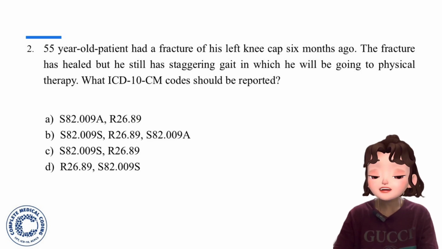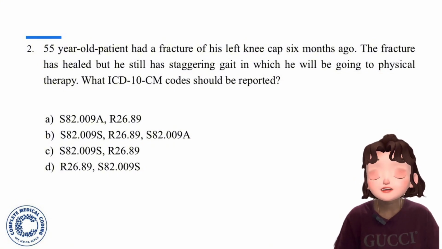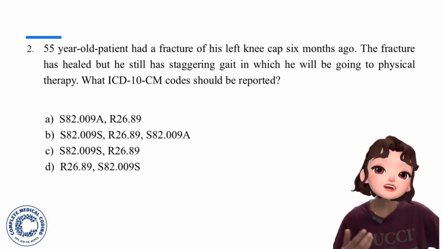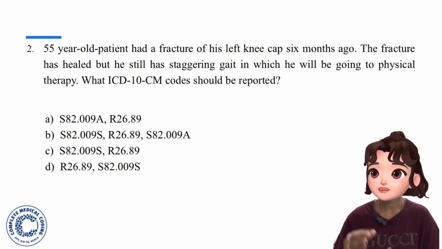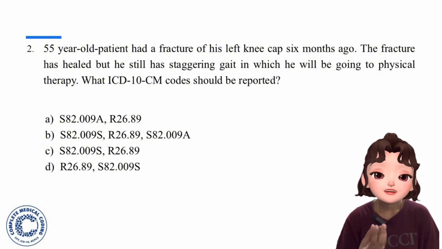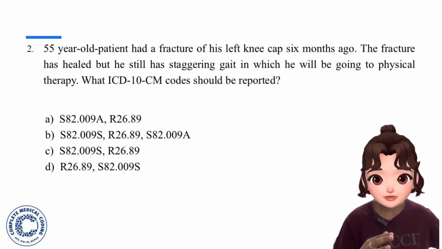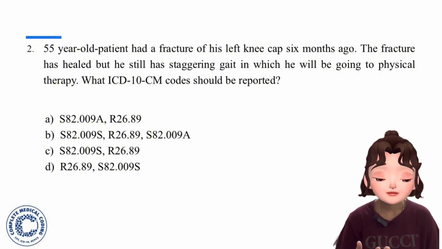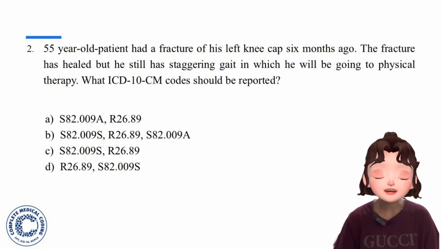So what does it mean actually? Staggering gait. What does it mean? Staggering gait refers to an unsteady weaving or swaying walk. The pattern of the walk is that. In order to heal that way of walking, which should come as normal, he is undergoing physical therapy.